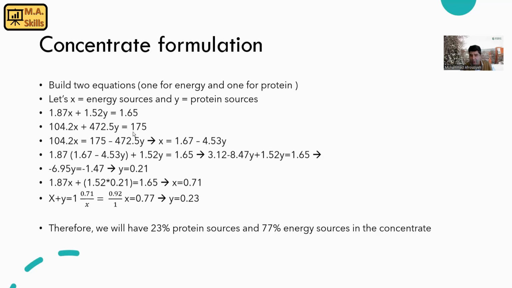My target protein is 175, which is larger than 104 and smaller than 472. So it is really important.